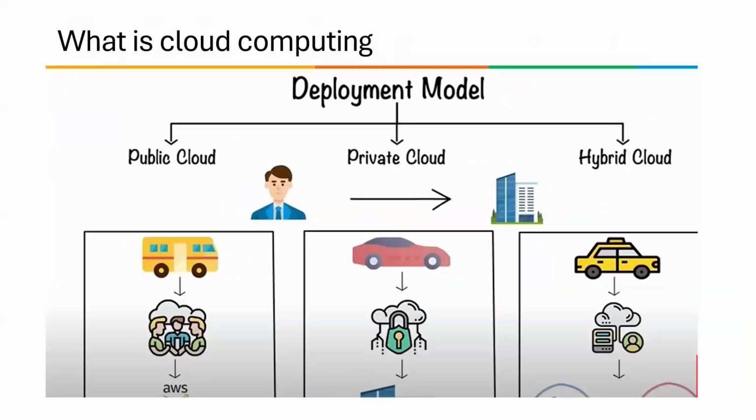So if at all I want to go for the cloud, all my applications and all my data, I can deploy it on public cloud or private cloud or hybrid cloud. Public cloud means what? It's a cloud space again, where many people like me and some of you people, you have your own applications and data. It's like a public park, all will come and they'll deploy their applications and data there.